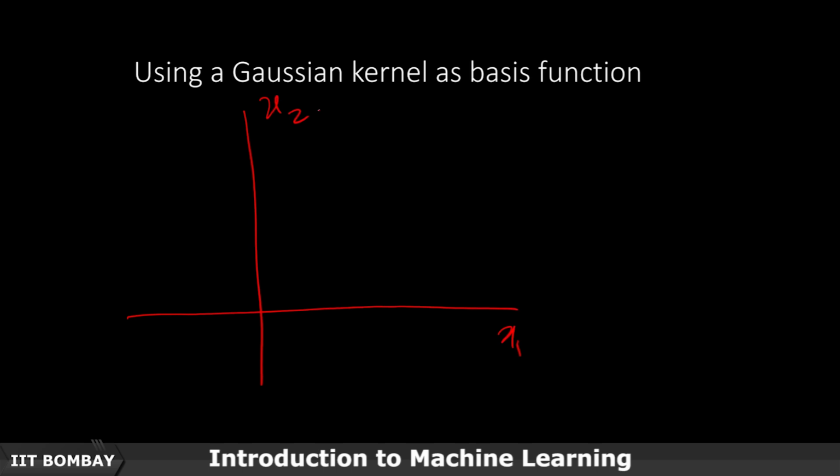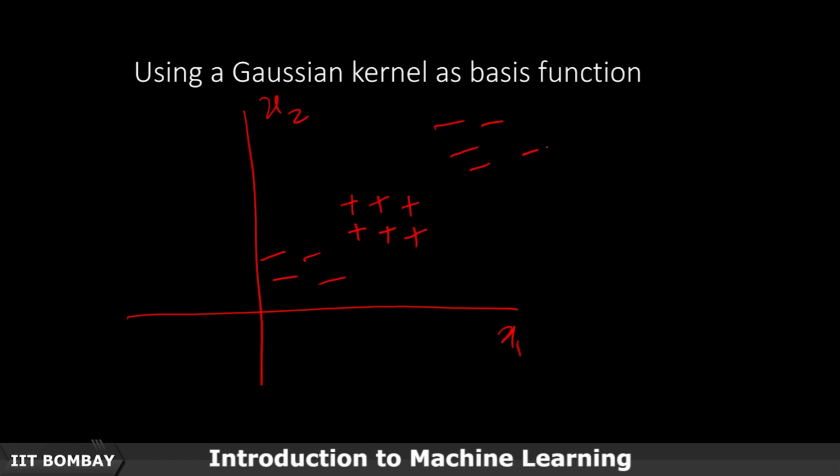And the two classes are spread out in this feature space as follows. So let's say we have the positive class, which is concentrated like this, and then we have negative classes which are concentrated on the two sides of the positive class. So there is no linear boundary that can separate these two classes.